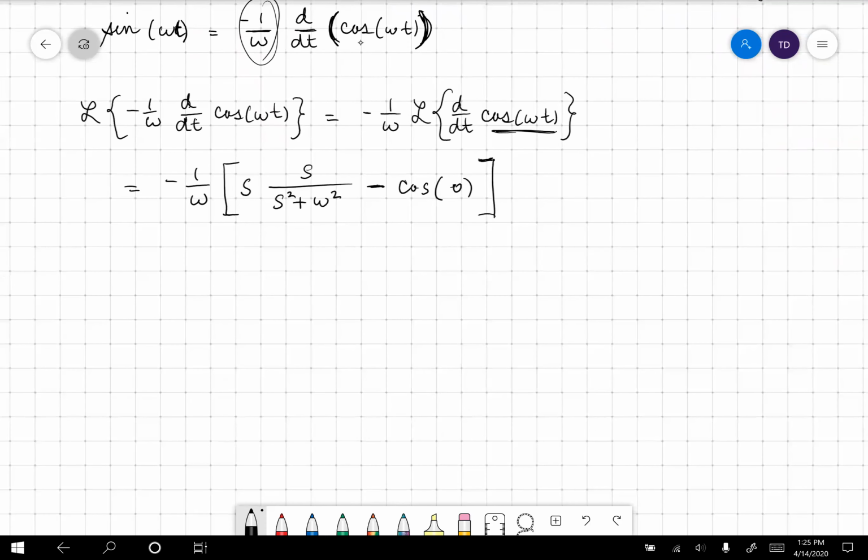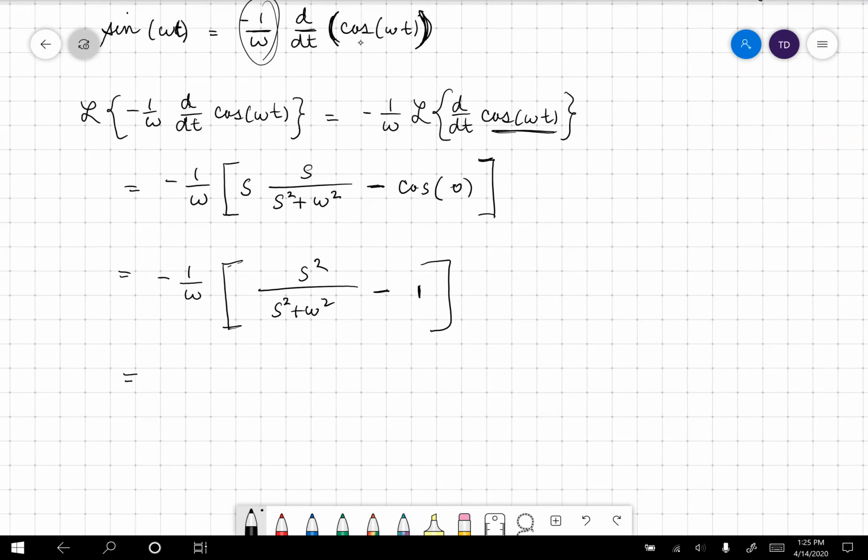Beautiful. Equals minus 1 over omega. I'm just going to put this s squared over s squared plus omega squared minus 1.